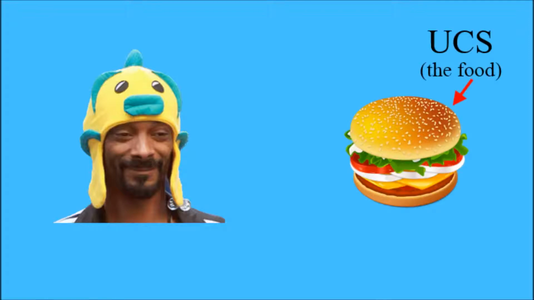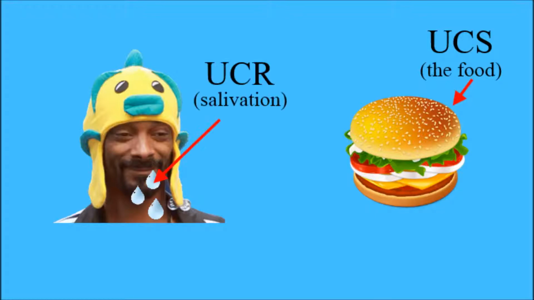Let's take a look at the individual components that make up classical conditioning. First, we have the unconditioned stimulus, the UCS, and the unconditioned response, the UCR. The UCS is the normal or natural stimuli, and the UCR is the normal or natural response to that stimuli.